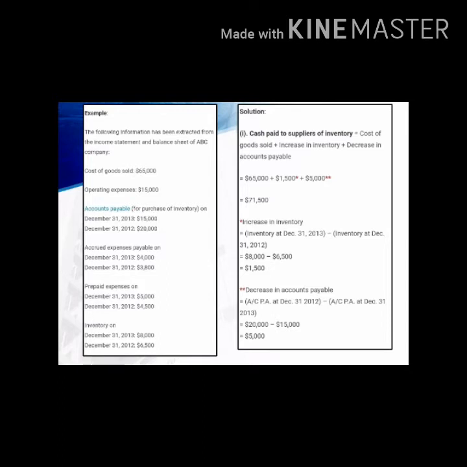So the cost of goods sold has $65,000 plus the increase in inventory, which has $1,500. For the increase in inventory, we should calculate the ending period of the year minus the beginning period of the year.